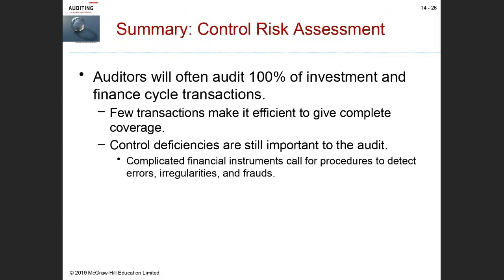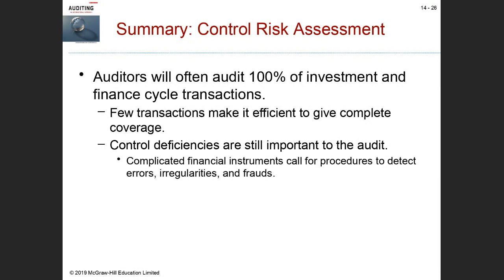Okay, so after having looked at control, right, in both the capital and the investment portions of the cycle, we make a summary assessment of internal control risk, as we have done in each of the accounting cycles we've talked about so far. As is stated here, auditors will often audit 100% of investment and finance cycles. Why? Reasons are given.